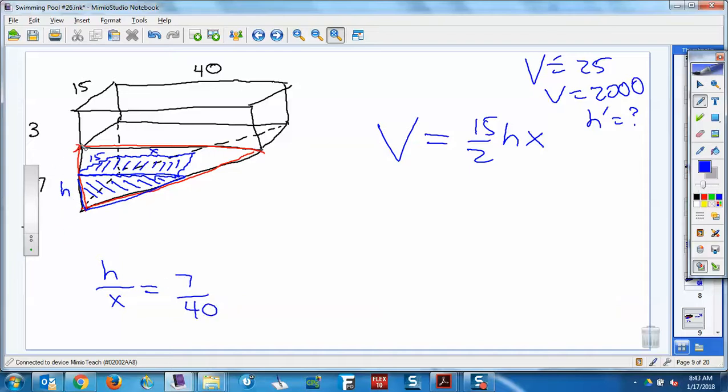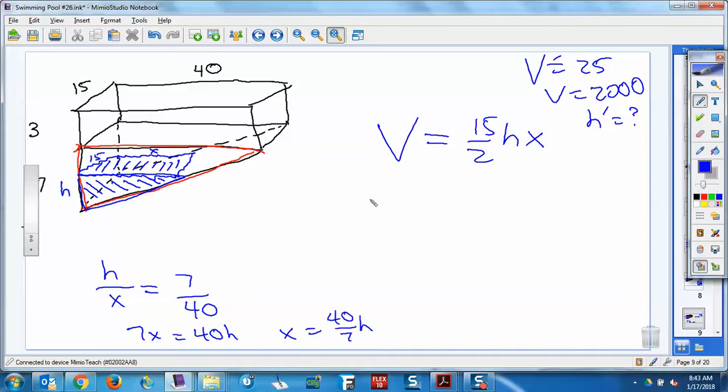This is 7 right here because it's 10 all the way up here. So this is 7 and this is 40. So h over x is proportional to 7 over 40. So what that tells me is 7x equals 40h, and x equals 40/7 h.